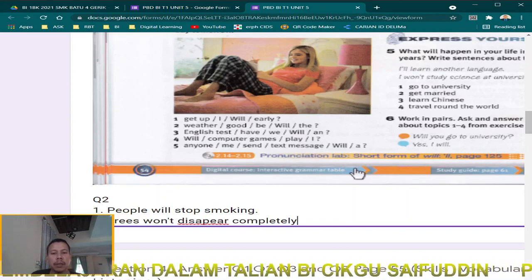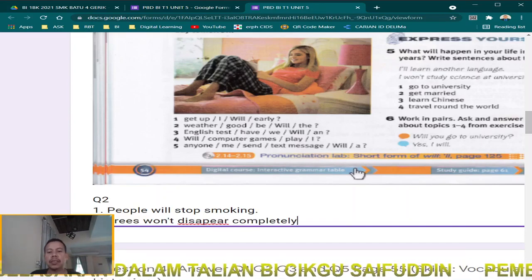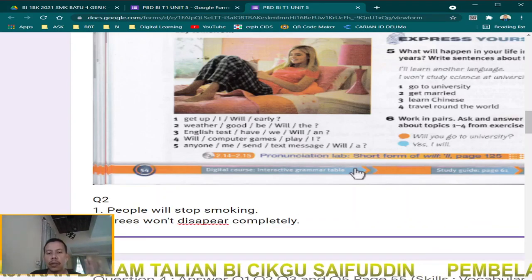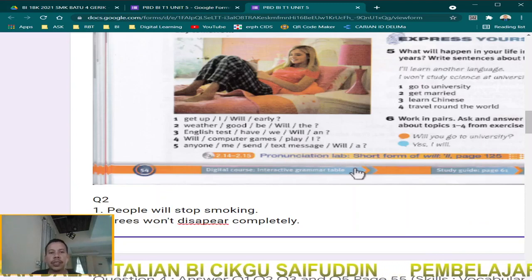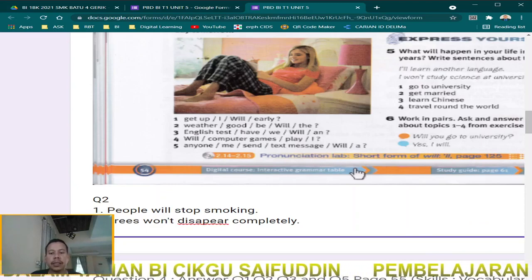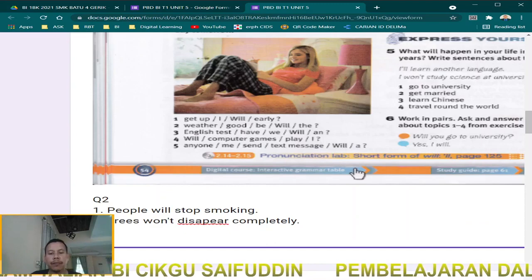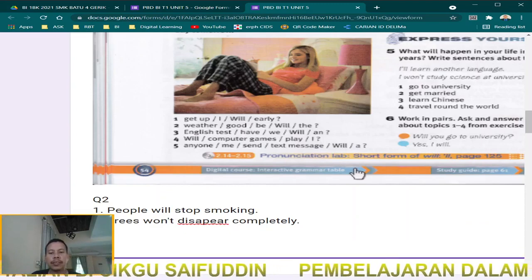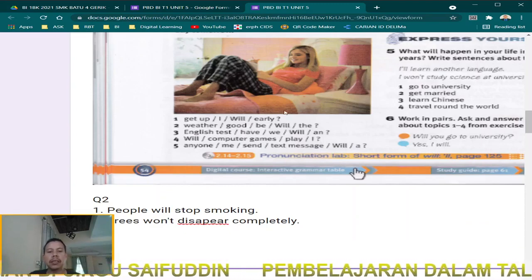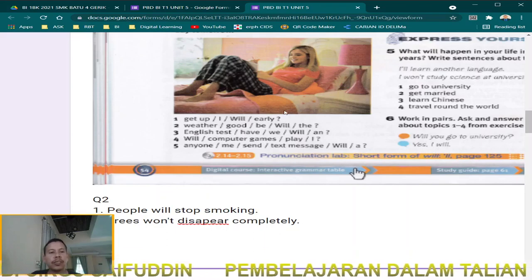Pada masa hadapan, pokok tidak akan hilang sepenuhnya lah. So please answer question 3 until 5 with your own ideas. So that's for question 2.